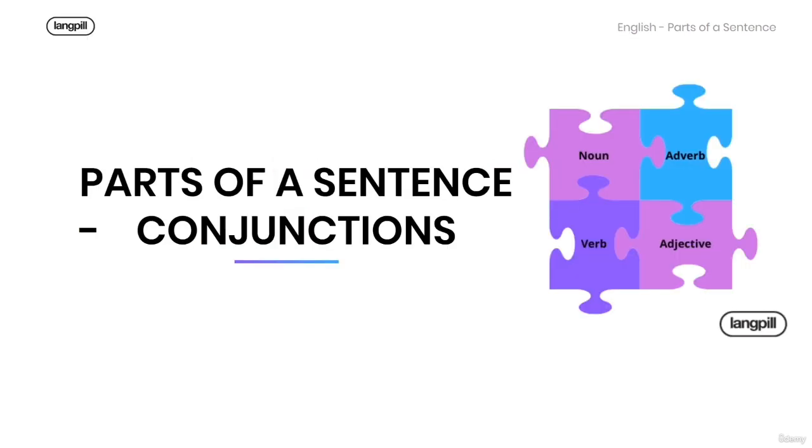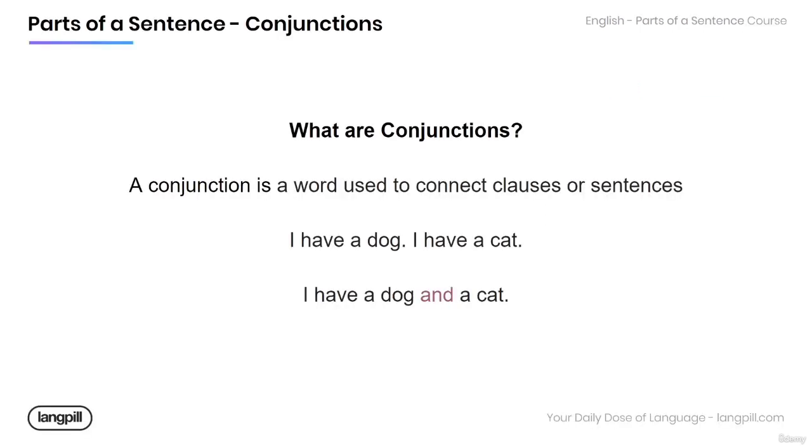All right, in this lesson, we'll talk about conjunctions. So what are conjunctions? A conjunction is just a word that we use to connect a clause, which is like a semi-sentence, part of a sentence, or to connect two sentences. So in our example here, we have two sentences. I have a dog, I have a cat. It's fine.